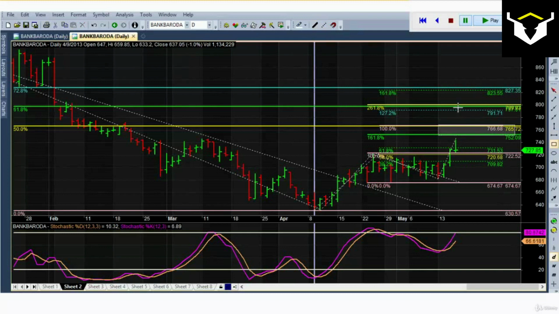Next closest cluster is at 800 level, followed by 820 level. So these are the three nearest price clusters.